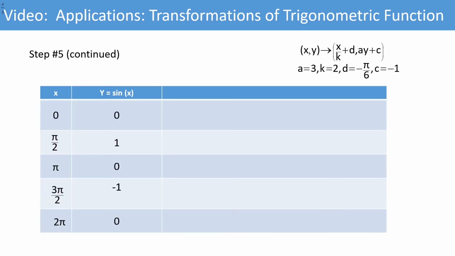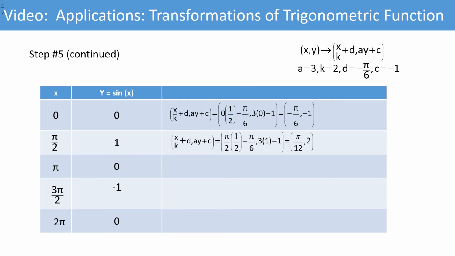We will take our table of values and increase it by adding a third column in which we will show our calculations. For the starting point, if we take the formula and substitute in our numbers, 0 for x, k is 1/2, d is -π/6, a is 3, y is 0, c is -1, we will get (-π/6, -1).